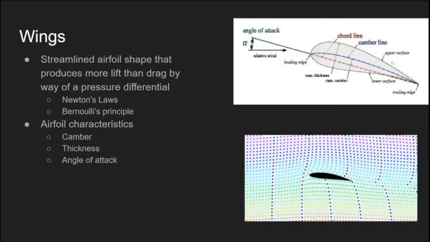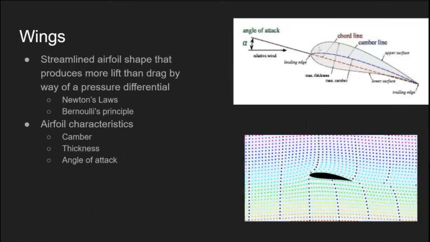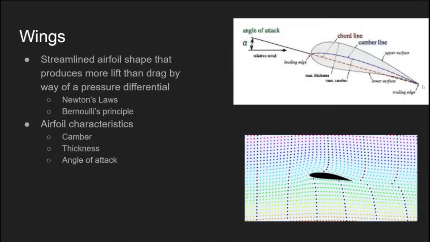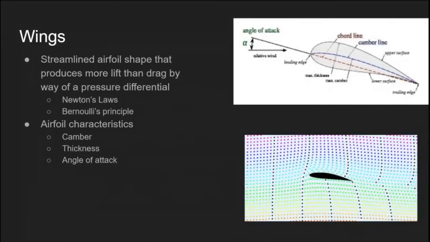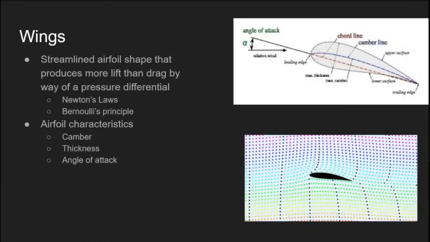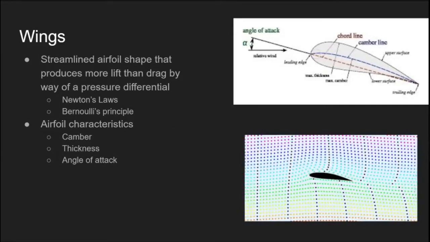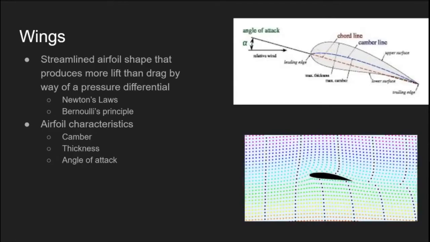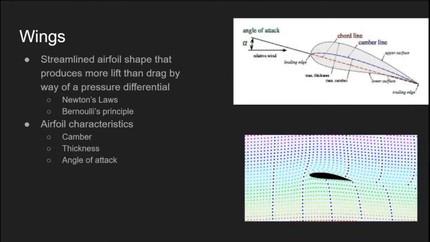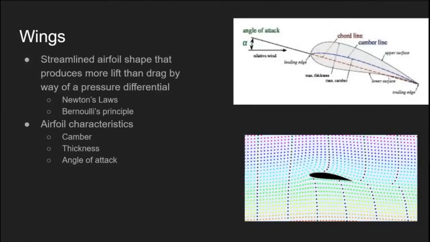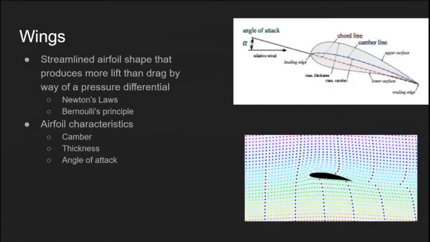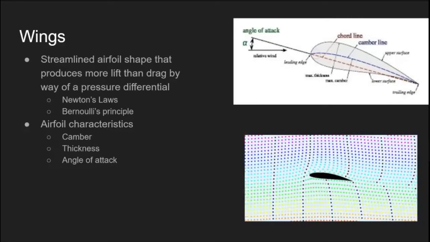For example, what you see here is an airfoil profile. Imagine you were to cut a wing in cross section, and this is what you see from the side view. We use airfoils to simplify into 2D analysis, and then that gets expanded into a 3D analysis with a full wing.